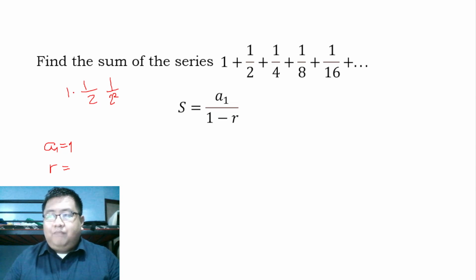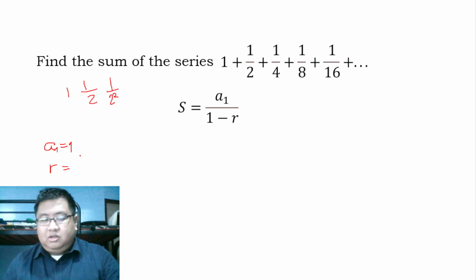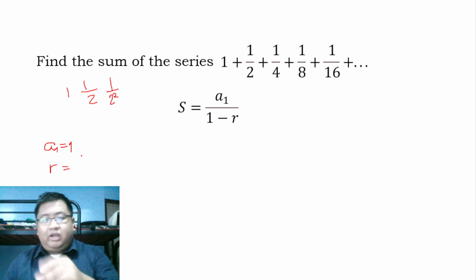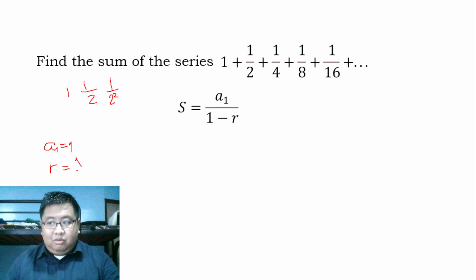The next term, 1 half, you obtain by multiplying 1 by 1 half. 1 times 1 half is 1 half. 1 half times 1 half is 1 over 2 squared, or 1 fourth. And then 1 fourth times 1 half again gives 1 over 2 cubed, which is 1/8, and so on and so forth. So our common ratio, the common number we multiply to every term to get the next term, is 1 half.